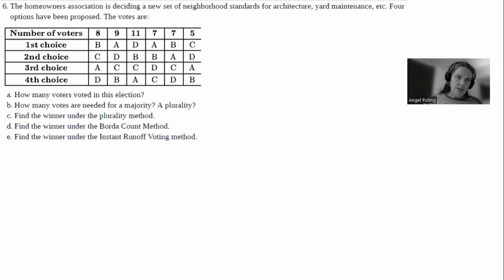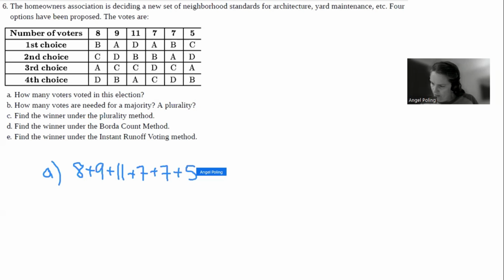All right, so 8 plus 9 plus 11 plus 7 plus 7 plus 5. That's actually 47, just like our last problem.